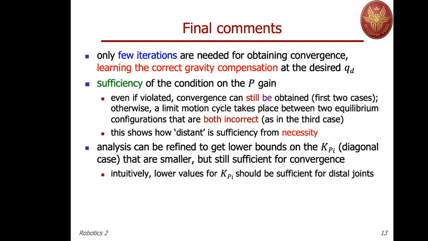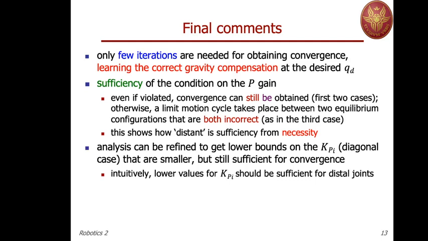There's no detailed analysis of the fact that, in order to overcome this local minima of gravity action which prevents the scheme from converging, we don't consider the difference between links in the serial chain.